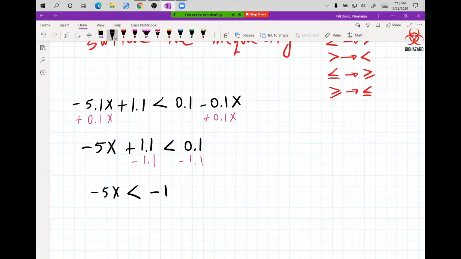And here is the rule I just had up there. You are dividing by negative 5. Switch the inequality.